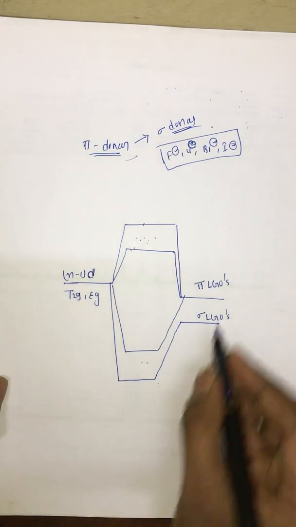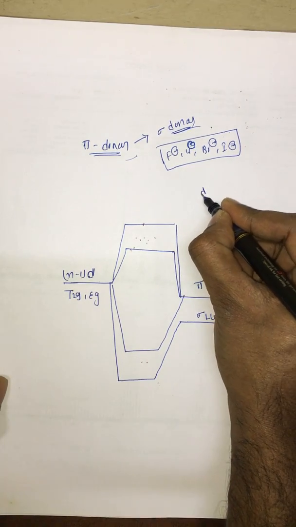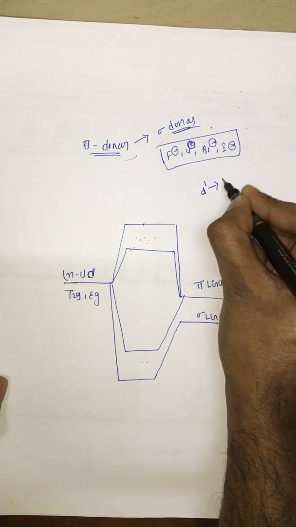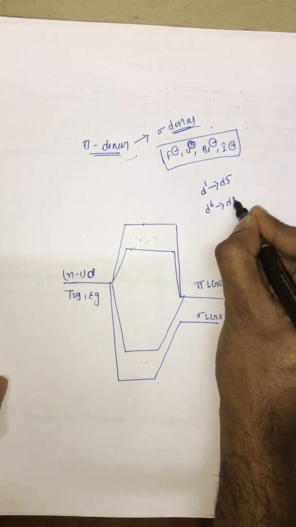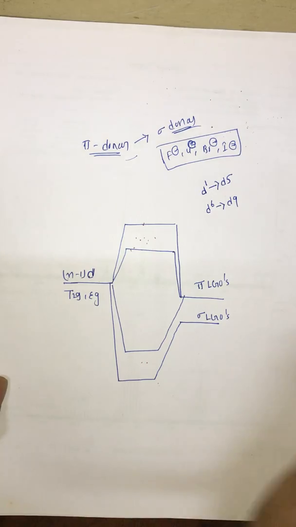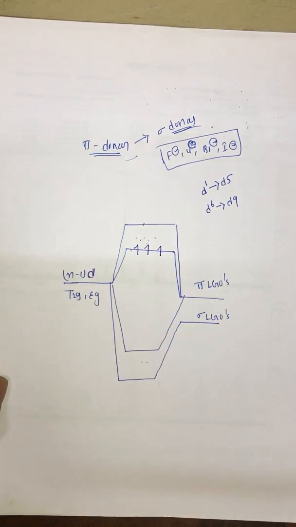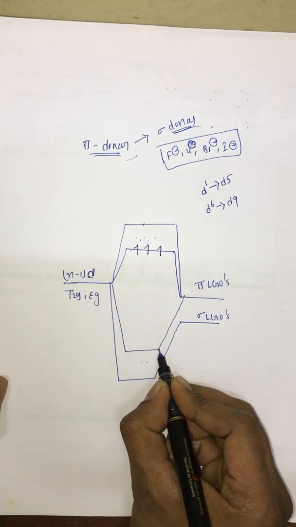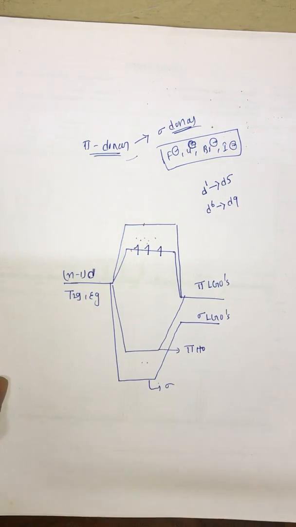Okay, so now imagine that I will generalize the points here also, from d1 to d5 and d6 to d9. Imagine that we have a d3 configuration, 1 2 3. So now there are transitions from the pi HOMO and the sigma HOMO.